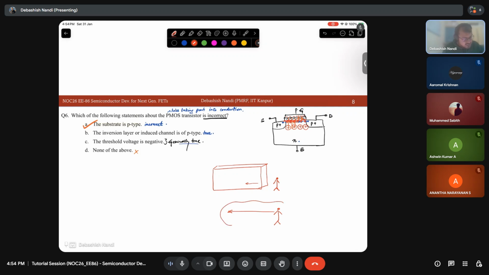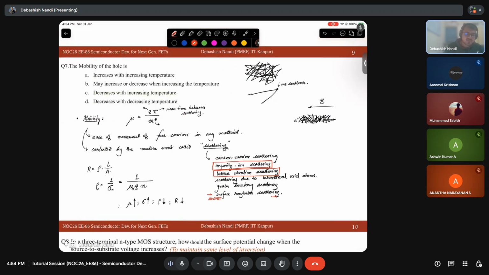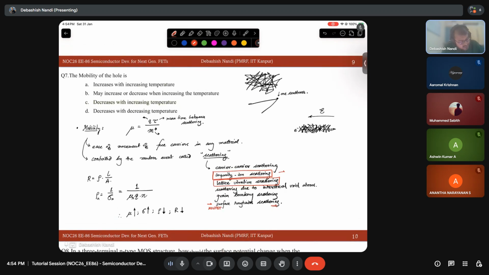Of course, where there is no distraction or hindrance, right? If he is running very close to a wall or the interface, he will see different kinds of distractions or scattering events. So that is why surface roughness scattering becomes important in case of MOSFETs. But in case of bulk semiconductors, where the transport is throughout the device, not confined to any interface, in that case, these two dominate.